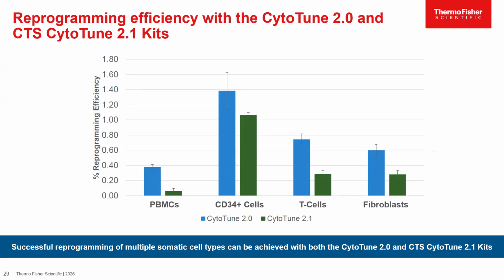Another thing that might jump out at you from this slide is the difference between the blue bars and the green bars. The blue bars represent the RUO, or research use only, version of the Sendai kit that we've been talking about, while the dark green ones represent that clinical version that I just mentioned. And you see this dip in the reprogramming efficiency is very likely due to that c-Myc to L-Myc vector replacement.